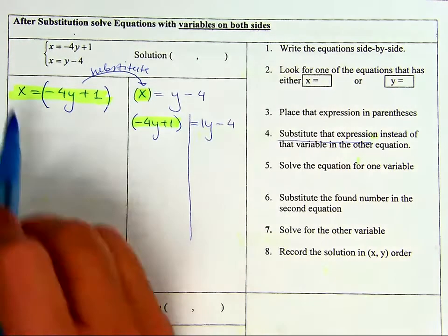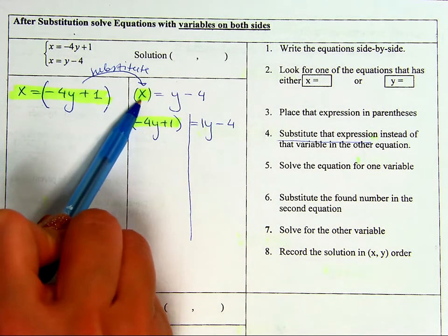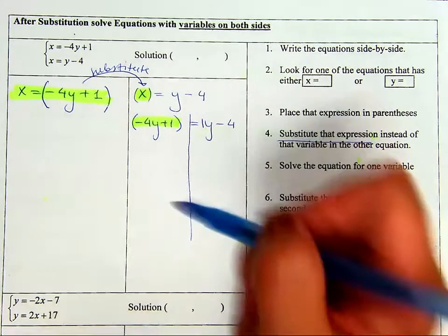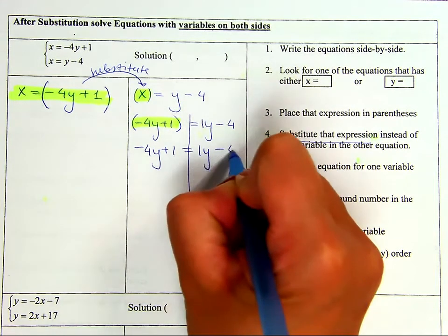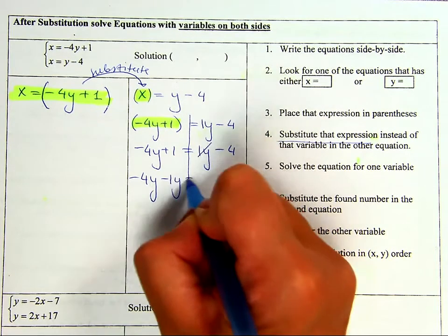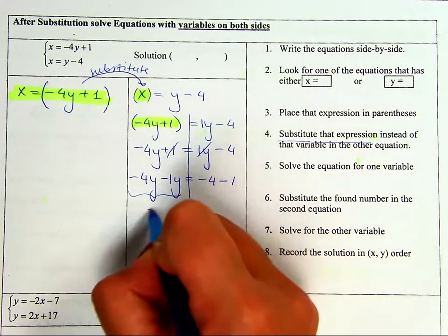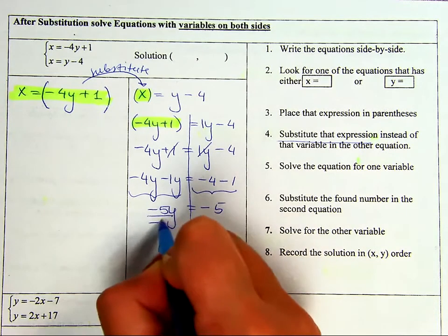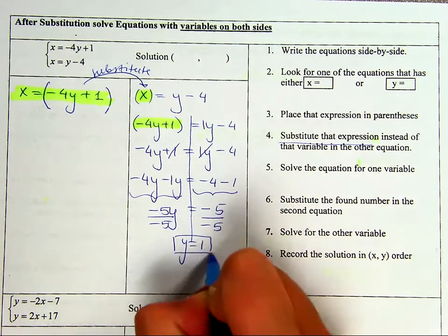So the expression x equals negative 4y plus 1 is substituted instead of x, and now we have an equation that we would solve for y using all the rules that we know about solving equations. Using inverse operations, variables on one side, constants on the other. Combining the like terms. Dividing by negative 5 in order to solve for y will give us the y value.